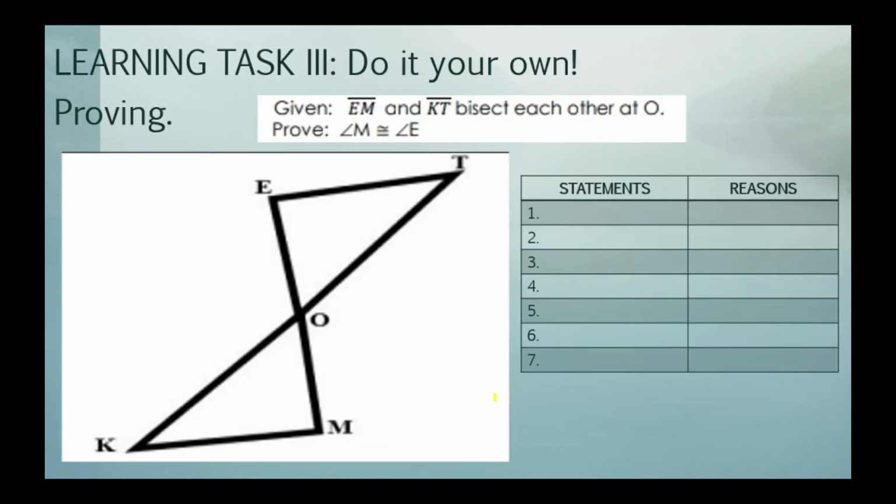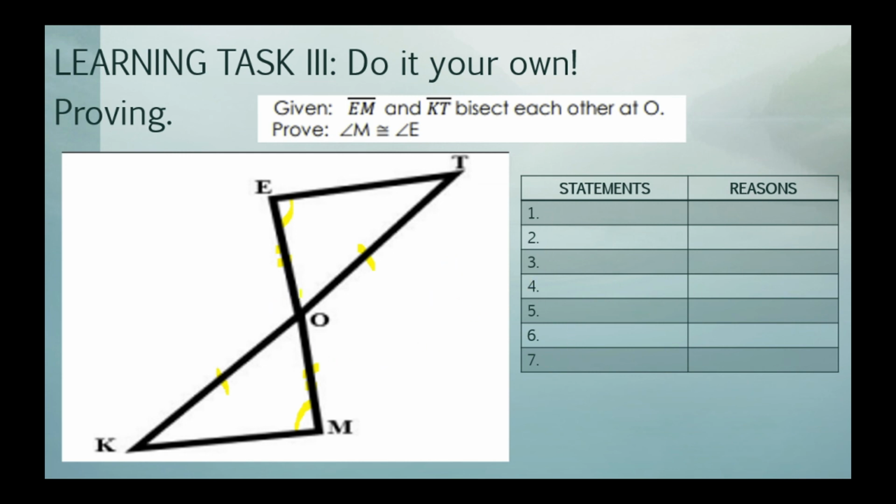Okay? Learning task number 3, do it on your own. So, we have here the figure. Given, segment EM and segment KT bisect each other at O. Okay? So, EM tsaka KT naghatian. So, ibig sabihin ito ay magiging congruent dito. Ito namang EO ay magiging congruent dito. Prove that angle M is congruent to angle E. So, 7 statements, 7 reasons.